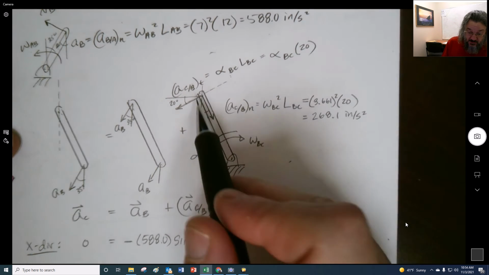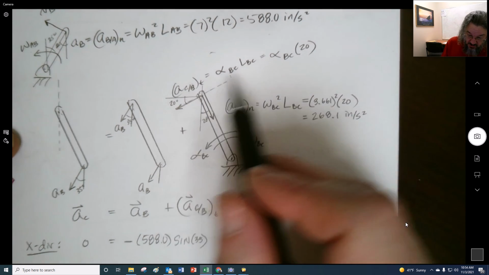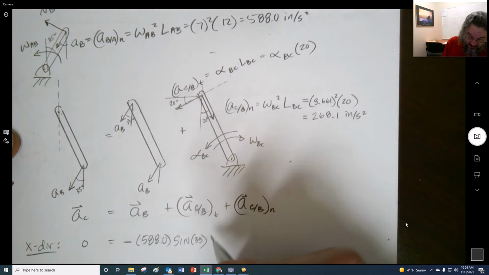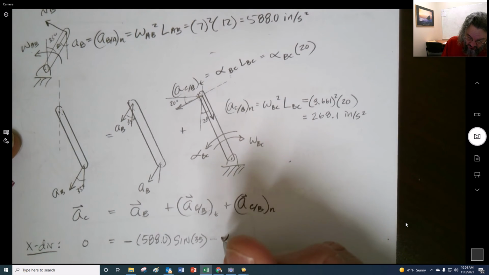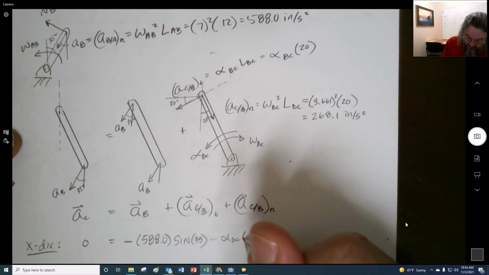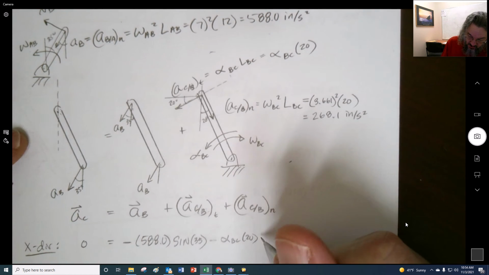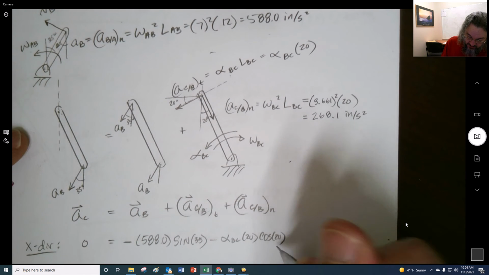Then we come over to here, and we see that it's going to be also in the negative direction based on our assumption, alpha BC times 20, but now the cosine of 20 degrees.